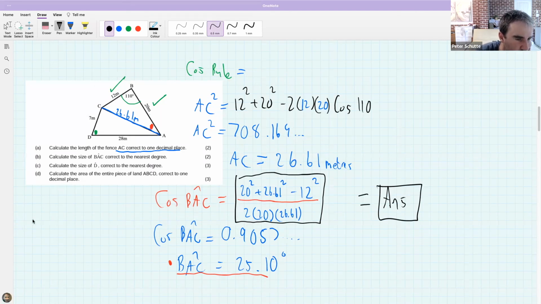Okay, so let's see what we get for the cos of D. I'm running out of space here a little bit.